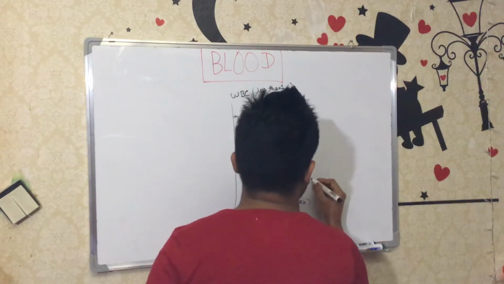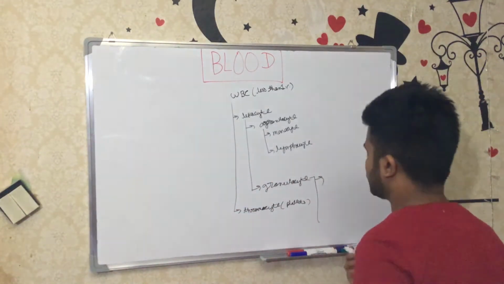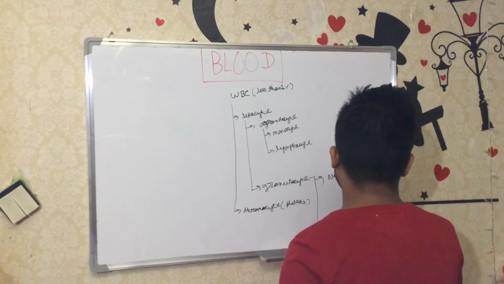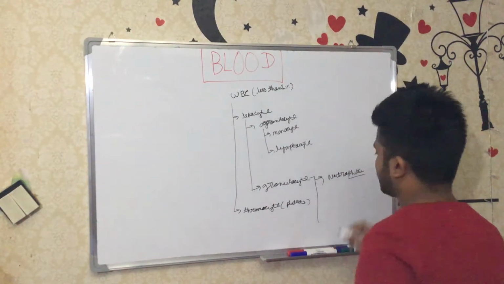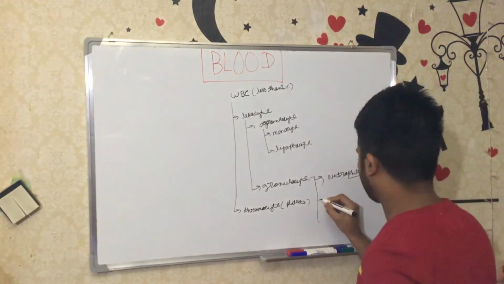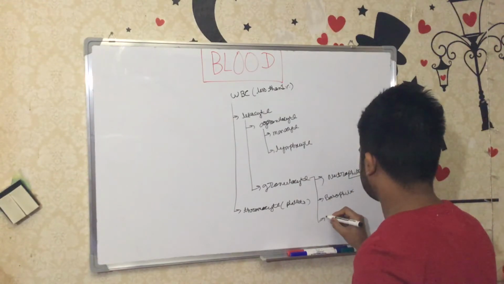And granulocyte is where granules are present. So neutrophil, basophil, and finally eosinophil.